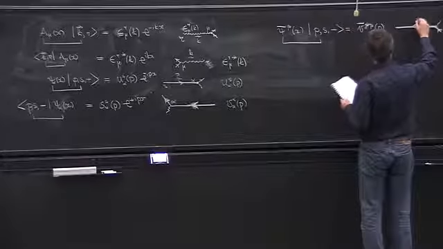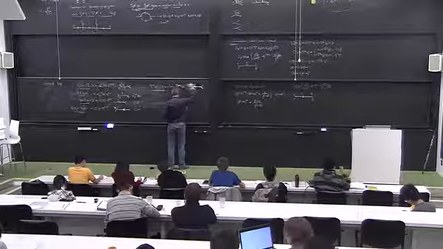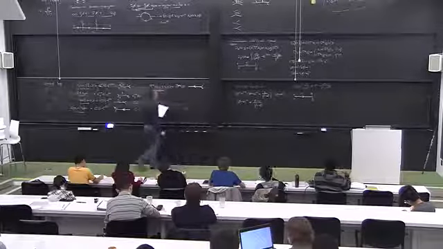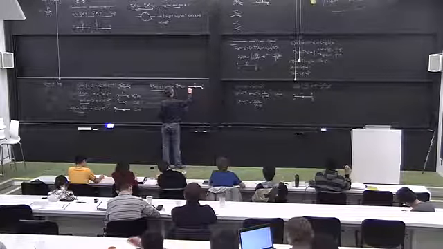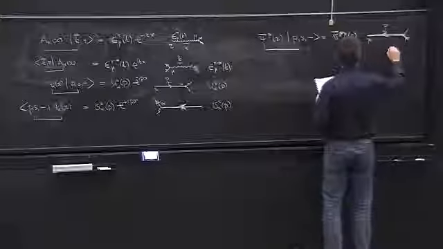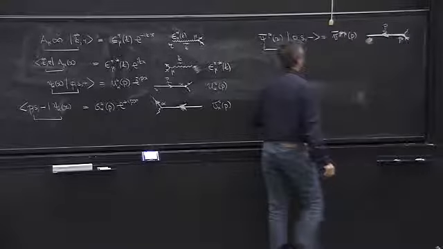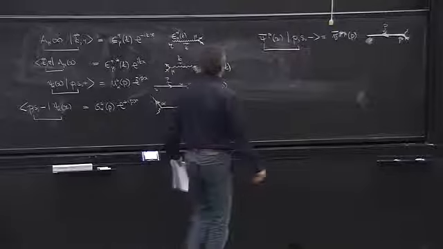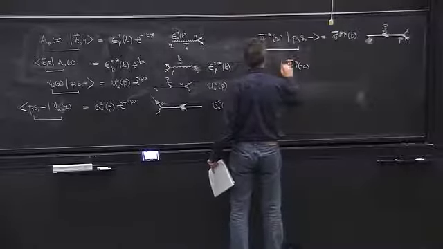So the momentum here, I guess, goes in the opposite direction. So this will be momentum p, and we'll have index beta here. So finally we have psi bar beta of x.